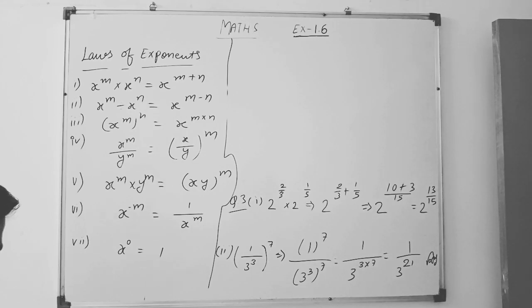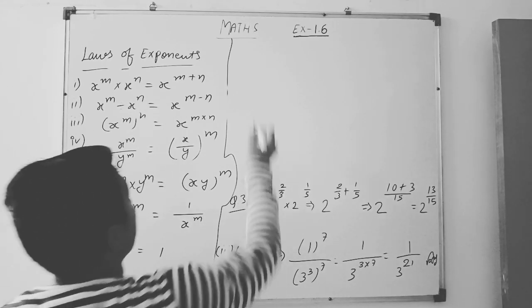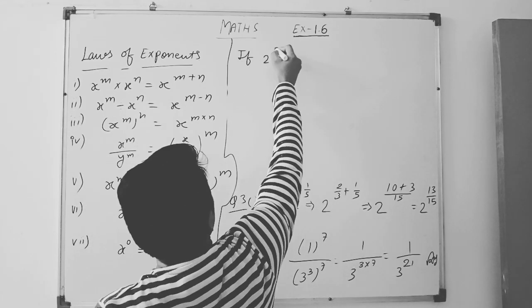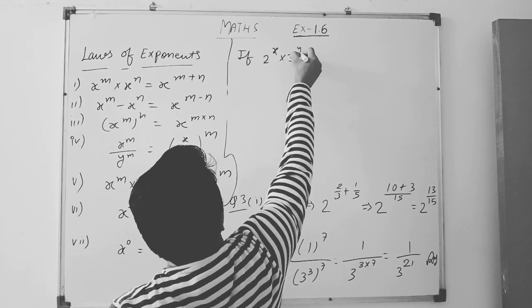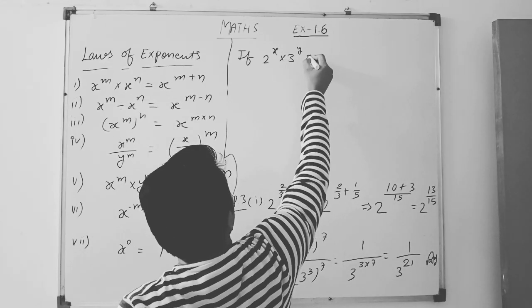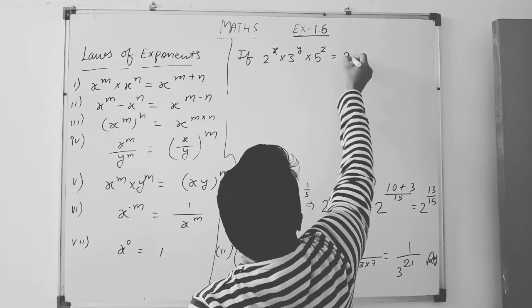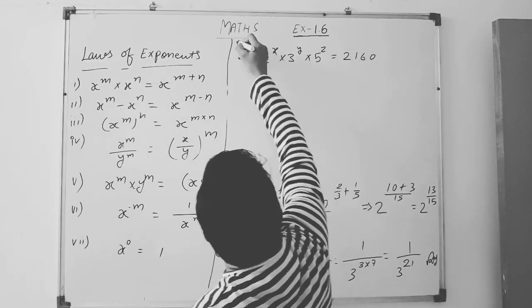This question is from R.D. Sharma. It is given that 2 to the power x into 3 to the power y into 5 to the power z is equal to 2160. This is an extra question.